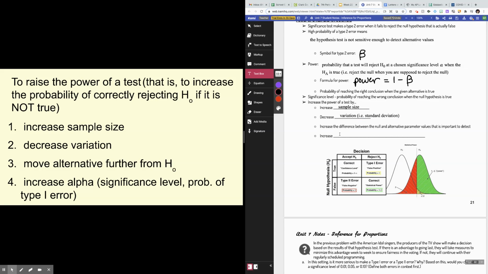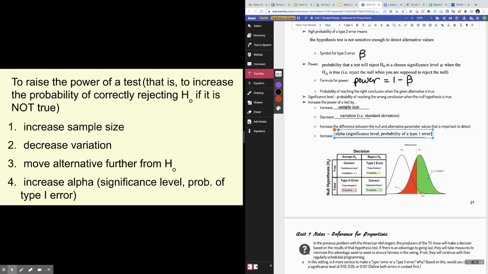That one doesn't happen as often. And then the last way, which is the way that you have the most control over as the statistician, is to increase your alpha, right, which is your significance level, or i.e. the probability of a type 1 error.